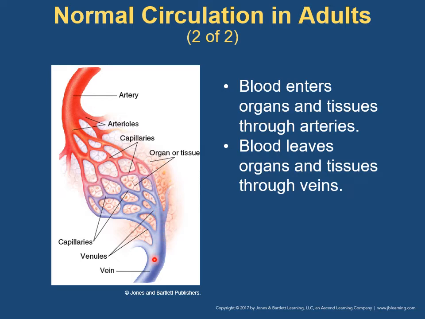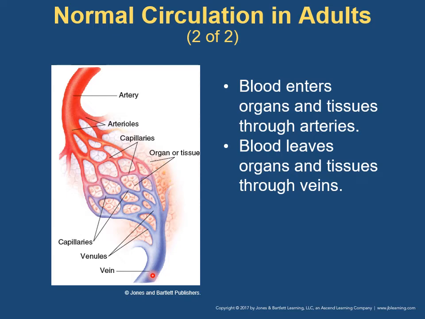It leaves the organs and tissues through the vein. So notice how this gets large to small and back large again. The artery becomes arterioles, becomes capillaries, becomes venules, becomes a vein. Okay? That's the process of that.